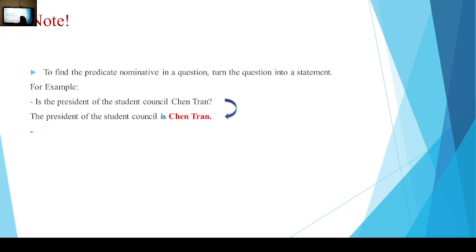So, is the president of the student council Chen Tran? Turn it into a statement. The president of the student council is Chen Tran. So, Chen Tran is a predicate nominative. It comes after the linking verb is, and it identifies the subject president.